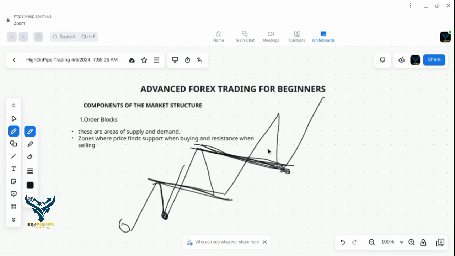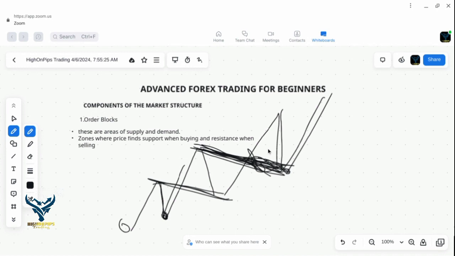The market has components. These components are the ones that help us to decide and to speculate that the moment the market retraces, we already know that it's going to utilize a certain area around here as a support before it goes up, because there is a certain component around this area that the market has left, and this component is called an order block.